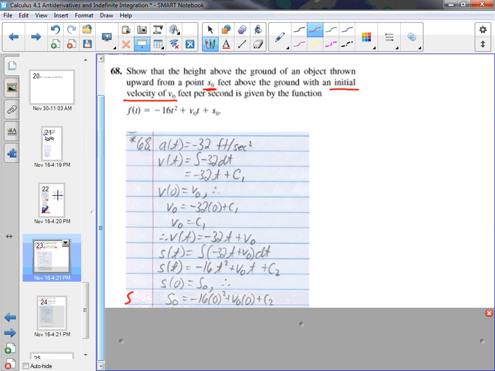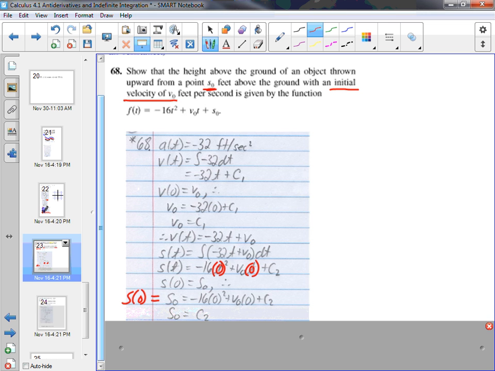Again, I probably should have written s of 0 equals s0, which equals, well, go back to your general solution and put zeros in for t. So what does c2 equal? s0.